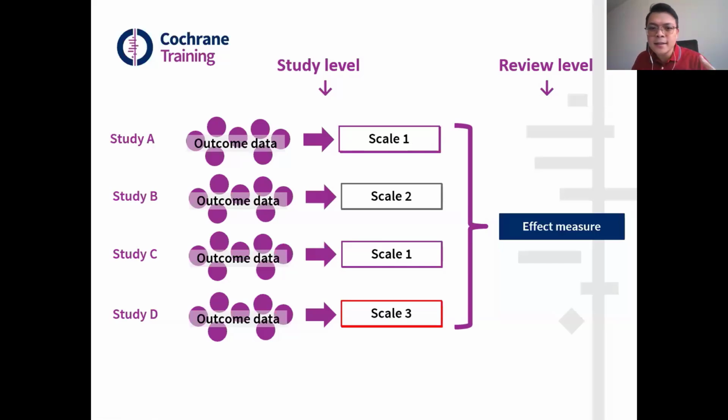So let's think of it as study A and study C using pain scale 1, study B using a different pain scale, study D using yet another pain scale. In this case, we can no longer say that the mean differences from these studies are comparable. For example, a 5-point mean difference using scale 1 is not equivalent to a 5-point mean difference using scale 2 or scale 3.